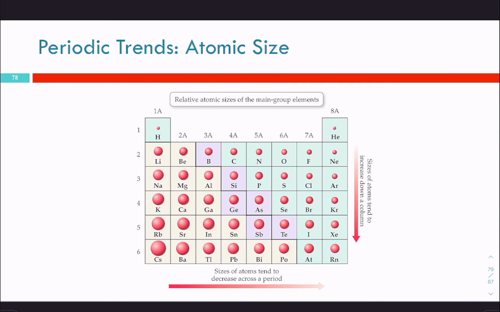You do exactly like this periodic table does here. Size decreases as you go across, but size increases as you go down. I like to think of it like cesium is the biggest. So if we get closer to cesium, we're going to have a bigger atom. If you get farther away from cesium, closer to neon, we're going to get smaller. So moving in this direction across the periodic table gets bigger. Moving up this way gets smaller.